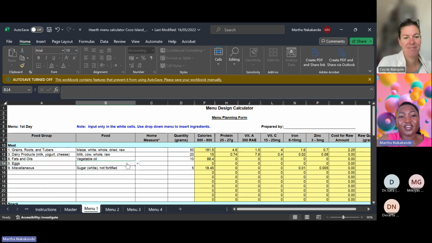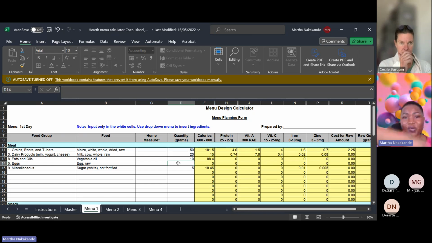So let's say you're going to add an egg, and I assume it's a hen. Yes. Okay, so if it's a hen, maybe raw. And then you'll have measured the eggs somewhere and gotten the quantities in 100 grams and put it in the master sheet.